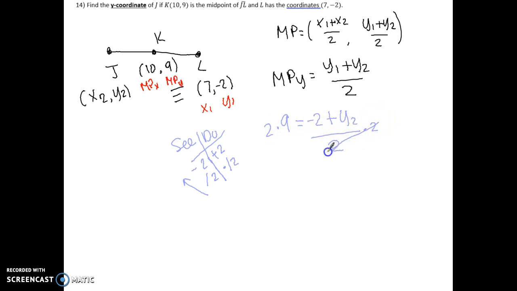So what happens here is that they cancel. 2 times 9 becomes 18. Our next step would be, since we're done with that, to subtract 2 from both sides. So we subtract 2 here, subtract 2 there. These cancel. 18 minus 2 is 16. We bring down the y2, and that is our answer.